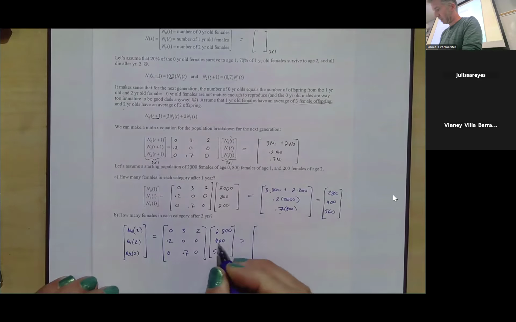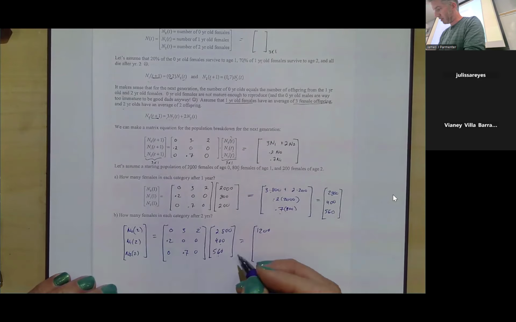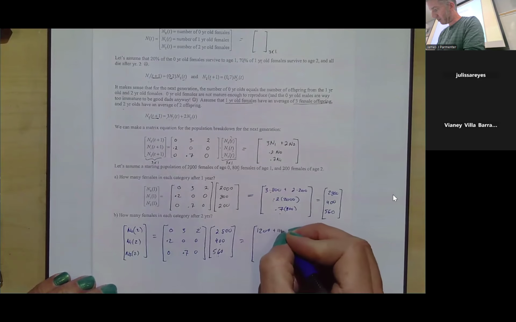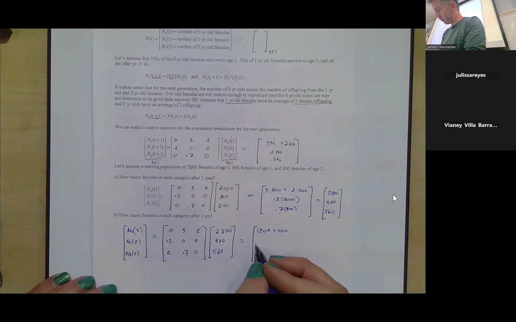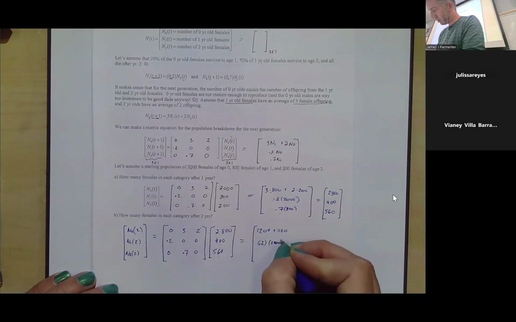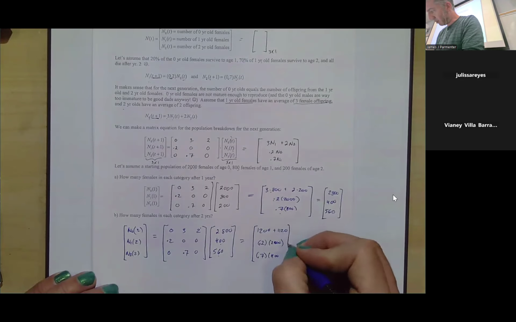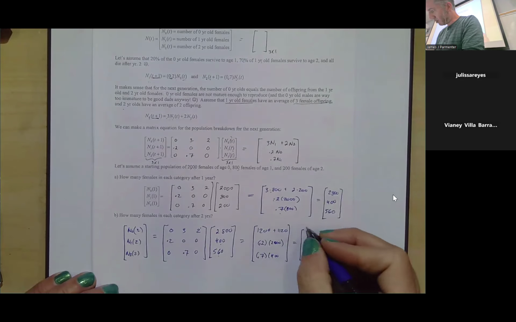If we do this, we get, let's see, 3 times 400 is 1,200 plus 2 times 560 is 1,120. So we end up getting 2,320. And then for the next entry, 0.2 times 2,800, which is 560.